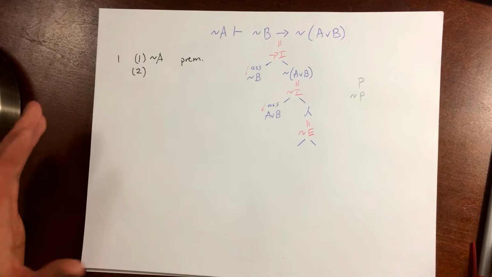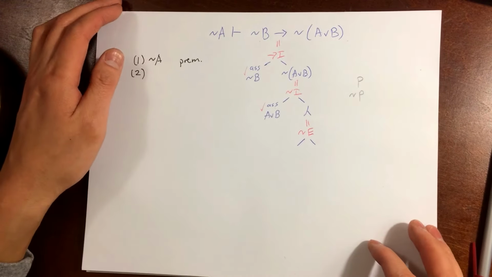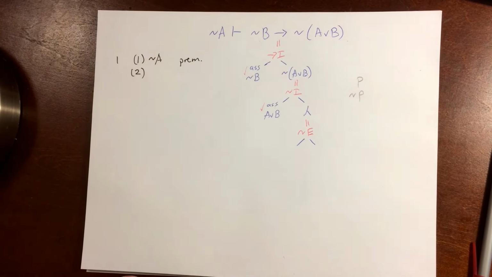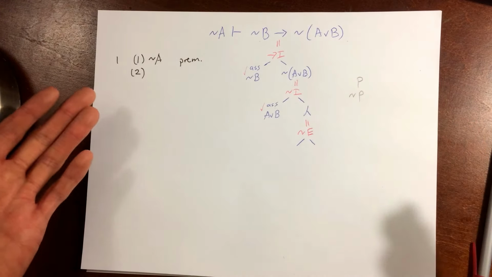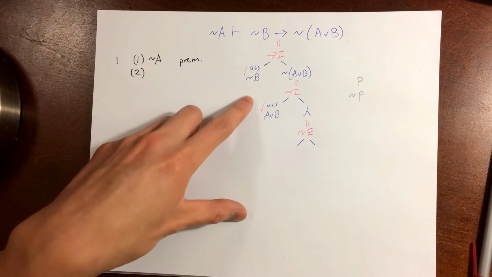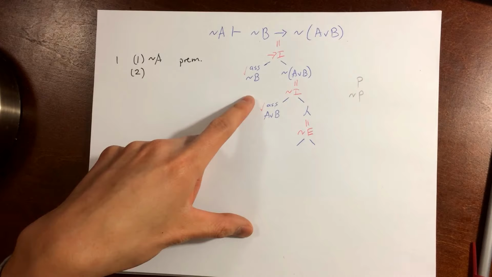So here's where the strategy gets a little fishy. In order to create a contradiction, we have to have something and its opposite. So we've got a couple of candidates for what makes the contradiction.